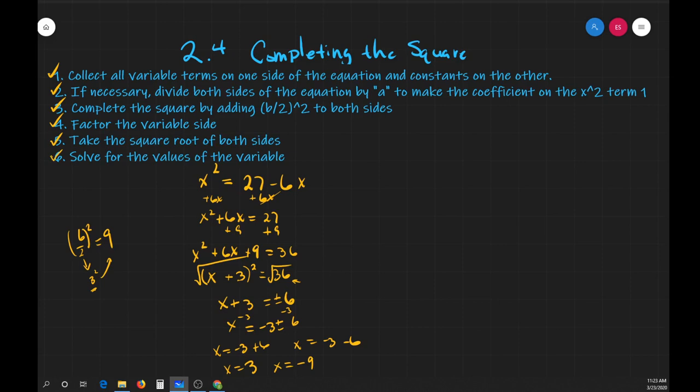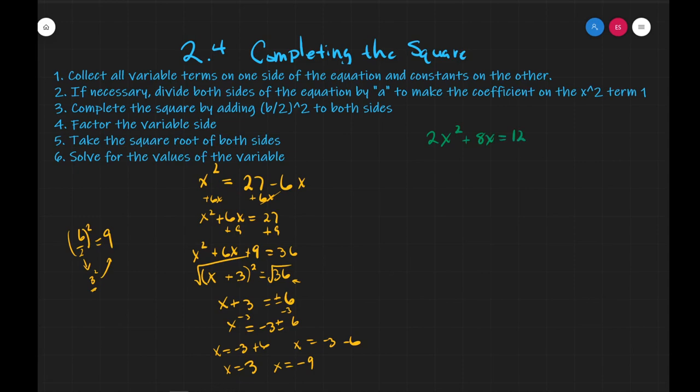Okay, perfect. All right. So now what I want you to do is solve a similar problem. Let's go for 2x squared plus 8x equals 12.